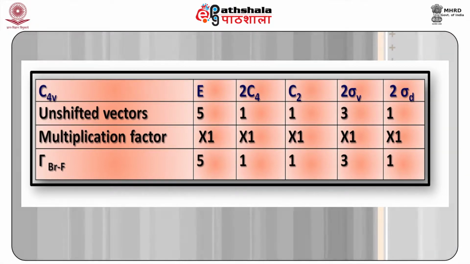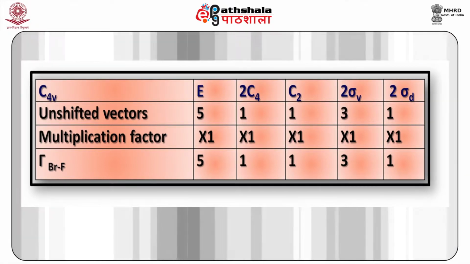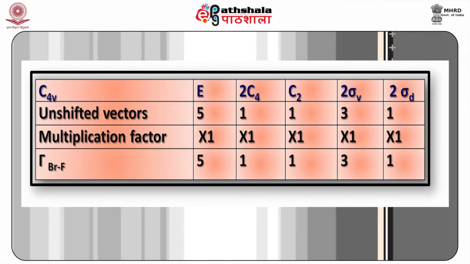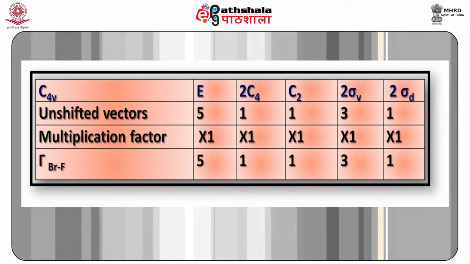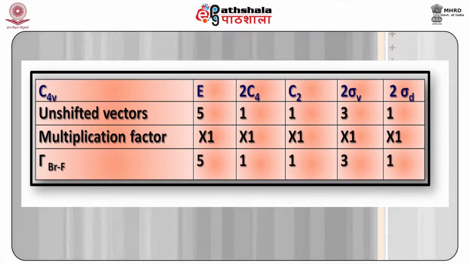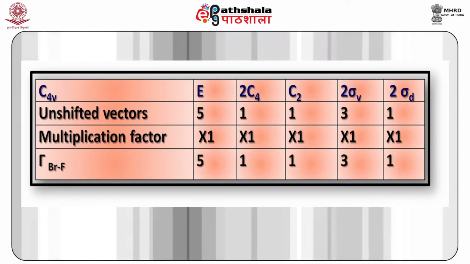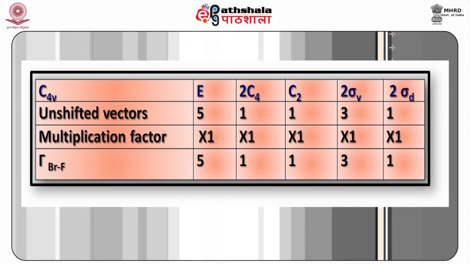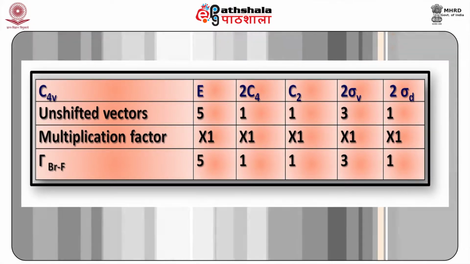standard reduction formula. After getting the reduction result, by making use of the projection operator method we can find the SALCs or LGOs corresponding to the 5 orbitals.